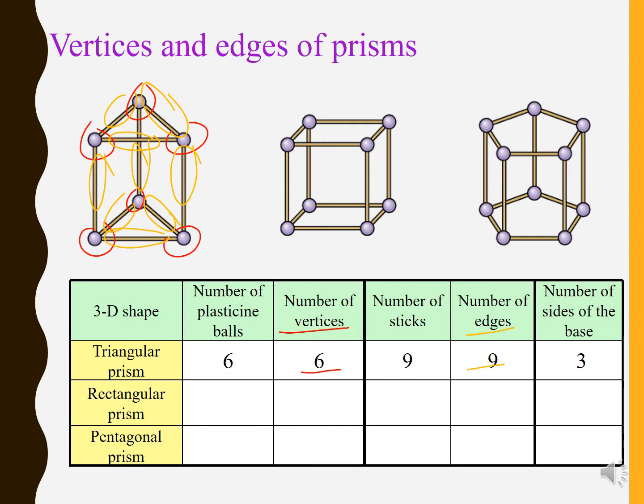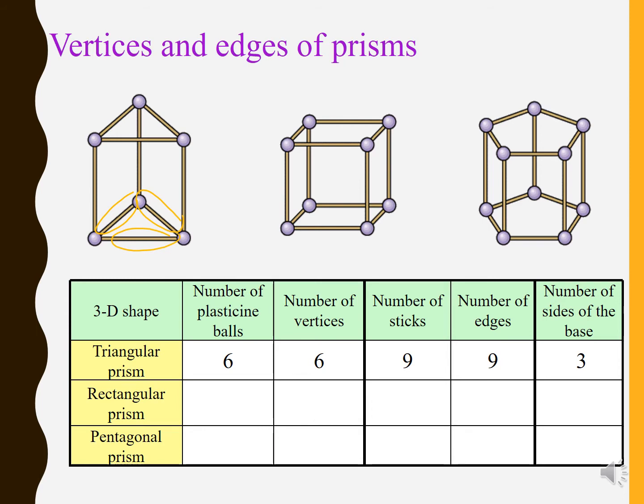And look at the last column. You are asked to find the number of sides of the base. For the base, we have 1, 2, 3 sides as it is a triangle.